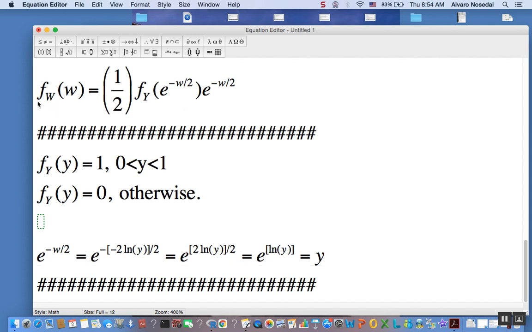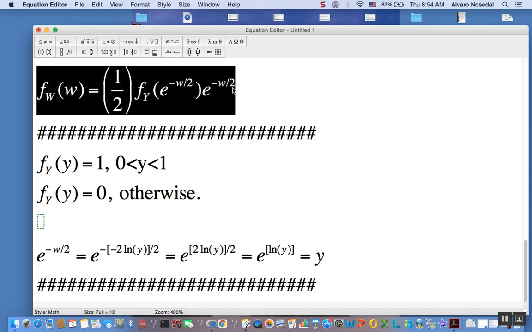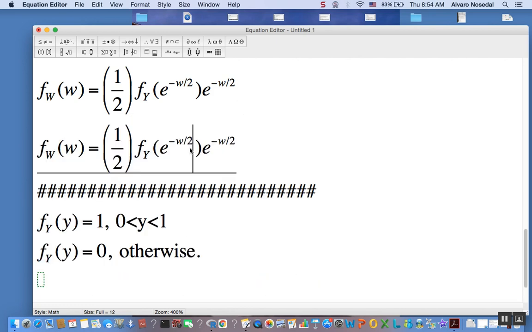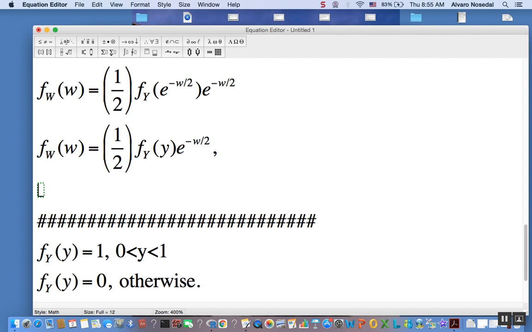So it turns out that this expression here is equivalent to just f of y evaluated at y, right? But f of y evaluated at y for a uniform 0, 1 is just 1. And we are applying that here.